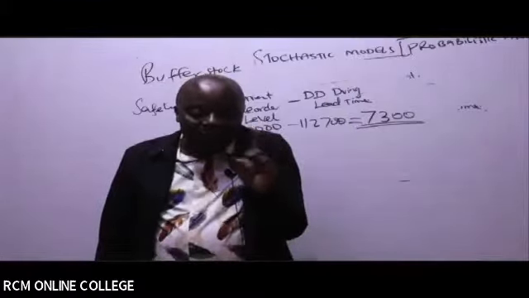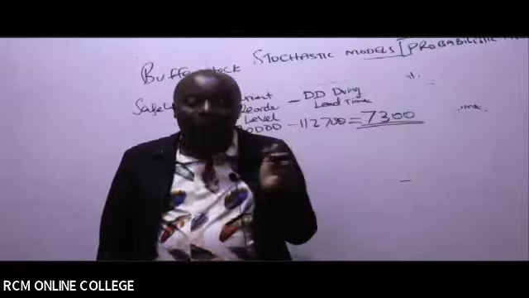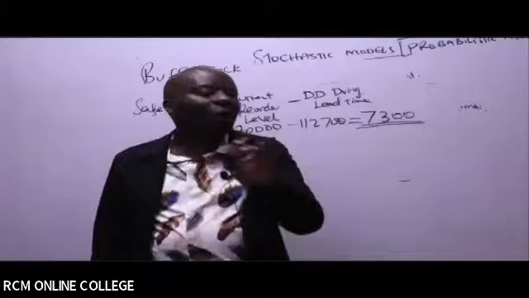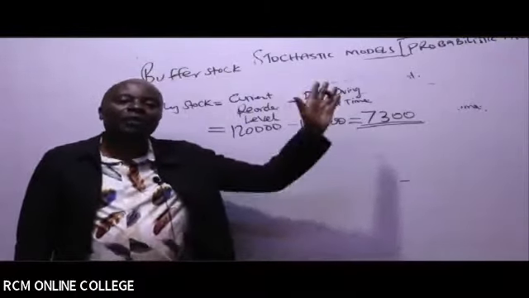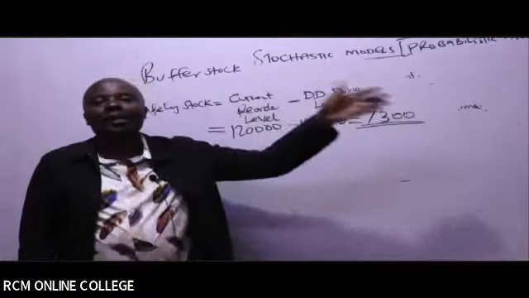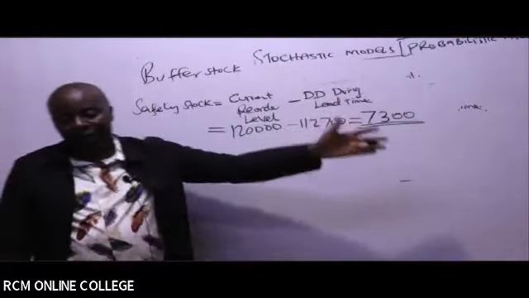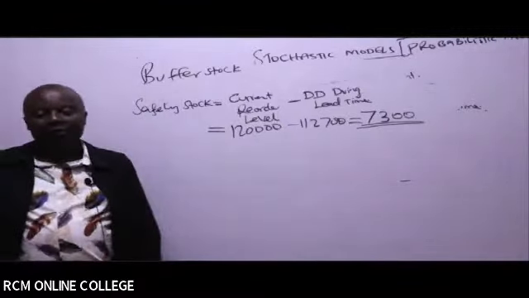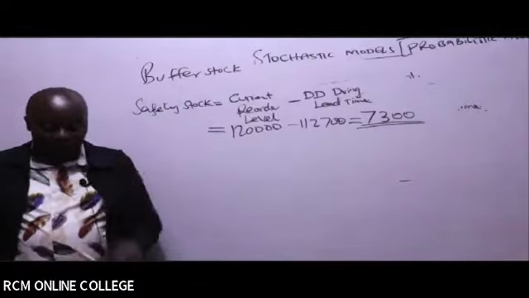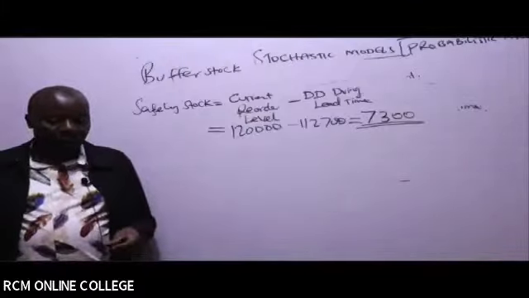During lead time, we don't intend to consume this 7,300. Our prayers are we consume our normal 112,700, and this is left for some rainy day, bad days ahead of us. So once I do another question on this, I believe everything will be very good.